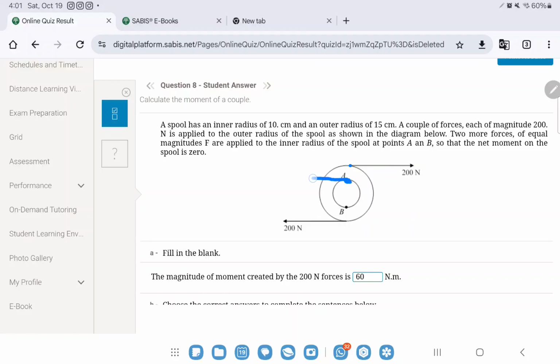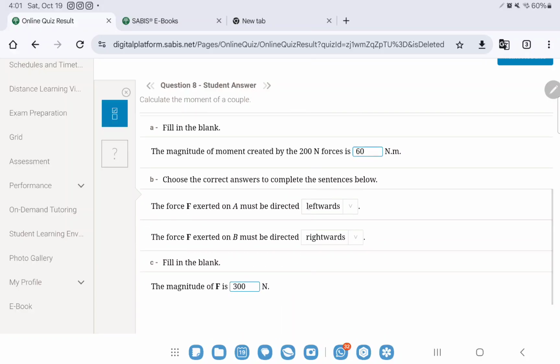So A is going to make a force that's 200 but leftward. And for B, the closest force is 200 newtons leftward, so B will have to produce one rightwards, that's 200 newtons. That's how you solve this part. Leftwards and rightwards.